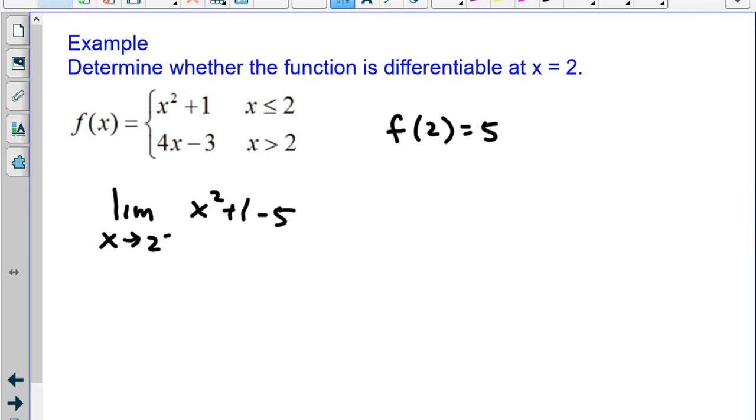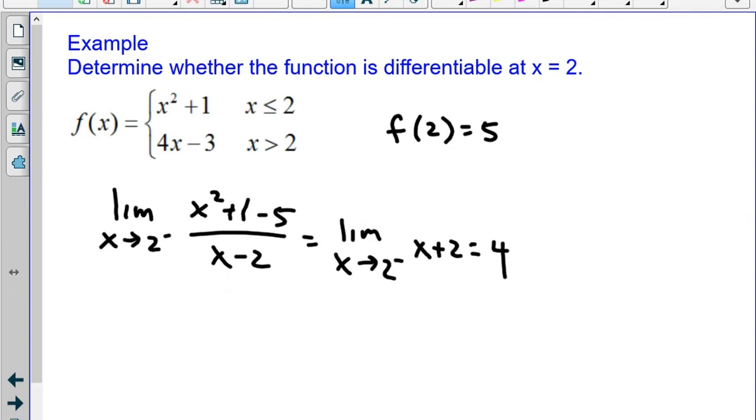The limit as x approaches 2 from the left of the derivative of this function looks like this. It's 4 from the left, and it's also going to be 4 from the right. So the numerator is going to turn into x squared minus 4, which factors into x plus 2, x minus 2. Those cancel, we make a substitution, and we get 4.